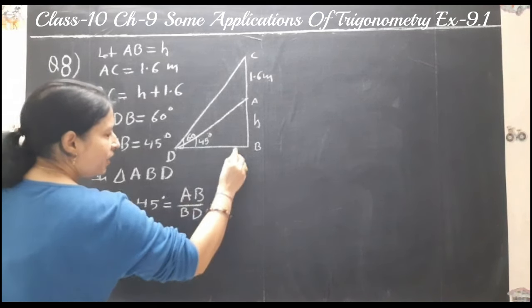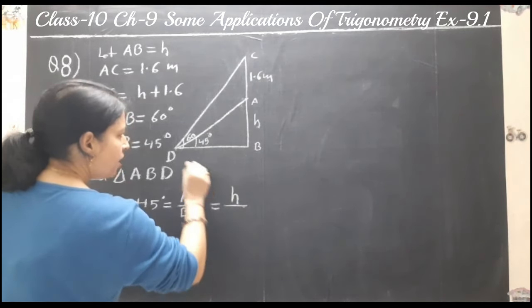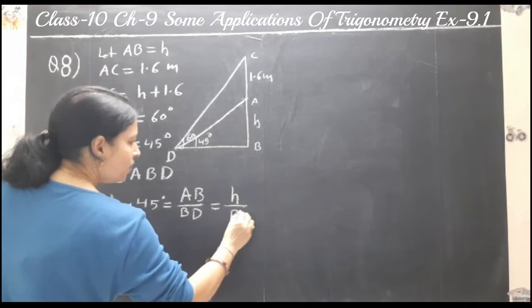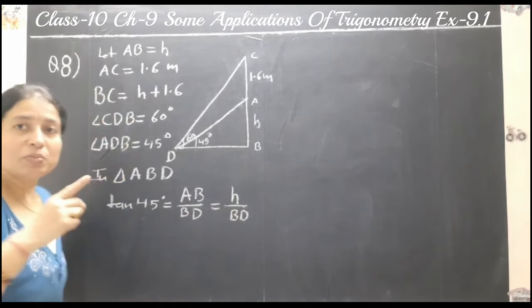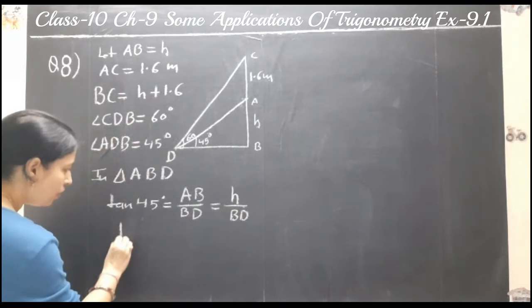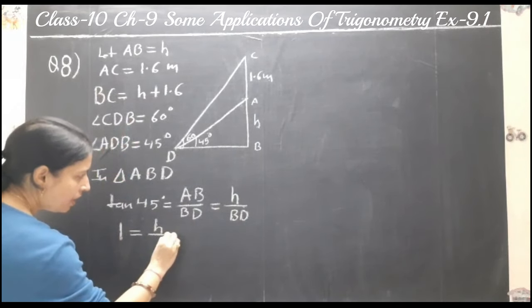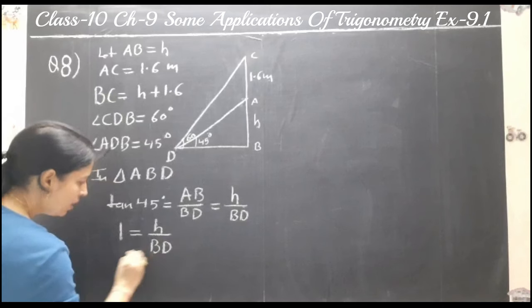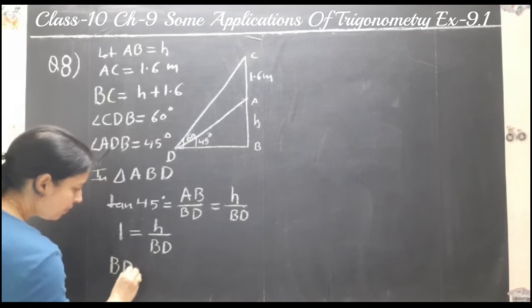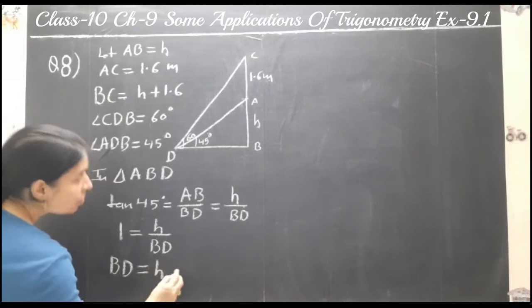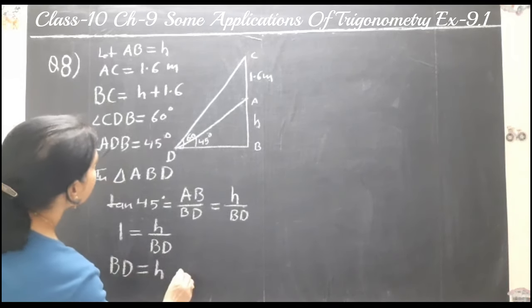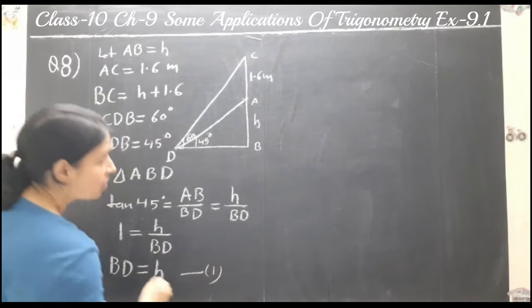What is the value of AB? AB is h, and BD is what? Tan 45 is equal to 1. So 1 is equal to h by BD. So what will be BD? BD will be h. This one is our first equation.